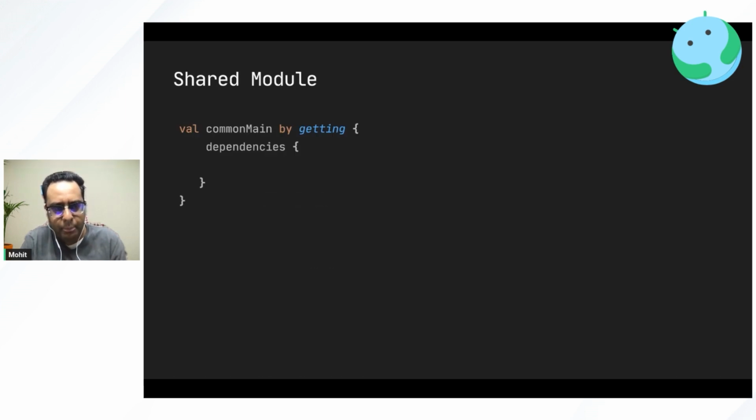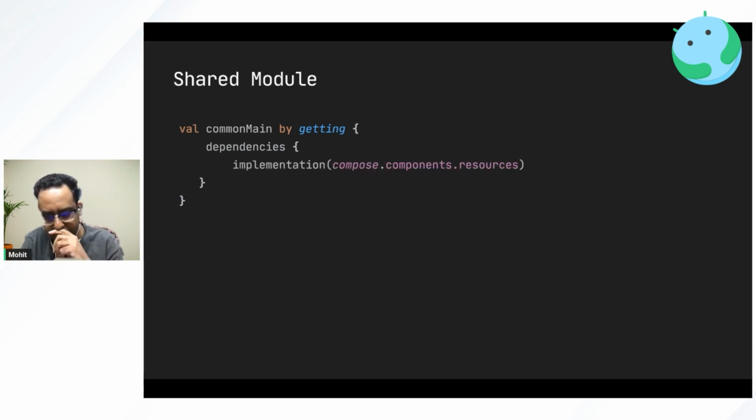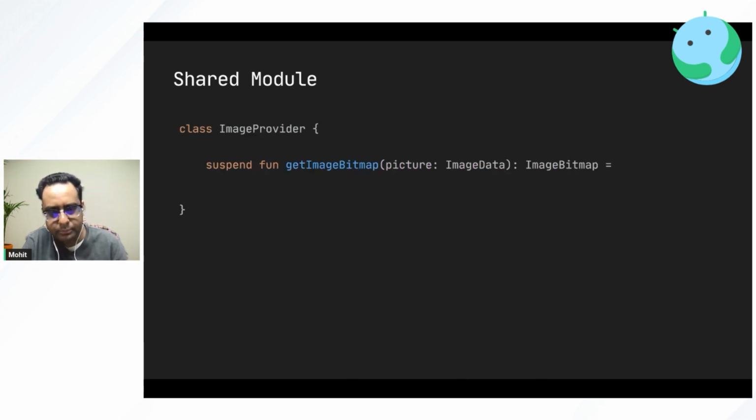In commonMain, to have support for resources, there is a library that the JetBrains Kotlin Multiplatform library provides. There's a component you could add called resources. It has utilities to access your resources in a multiplatform way.